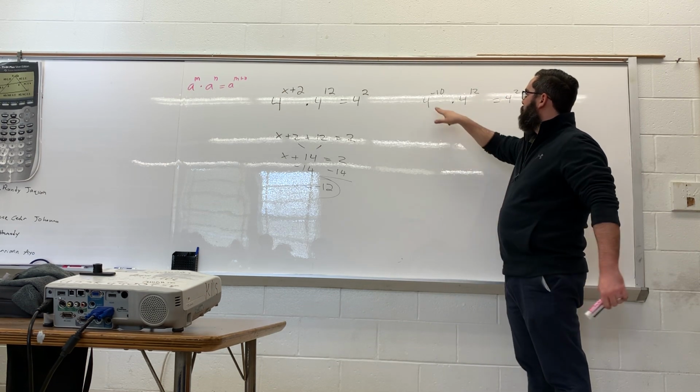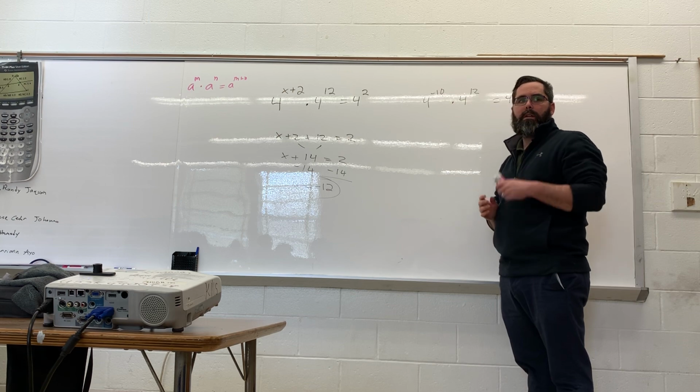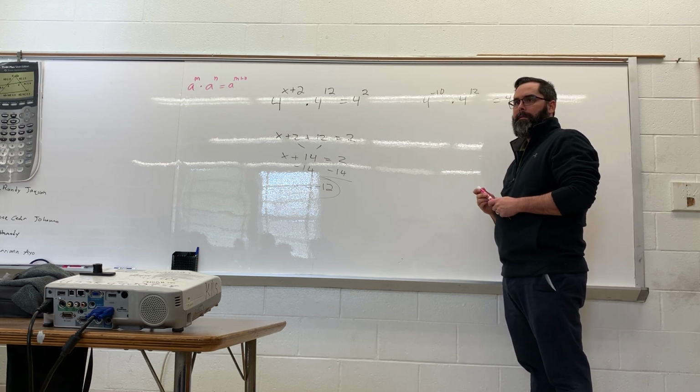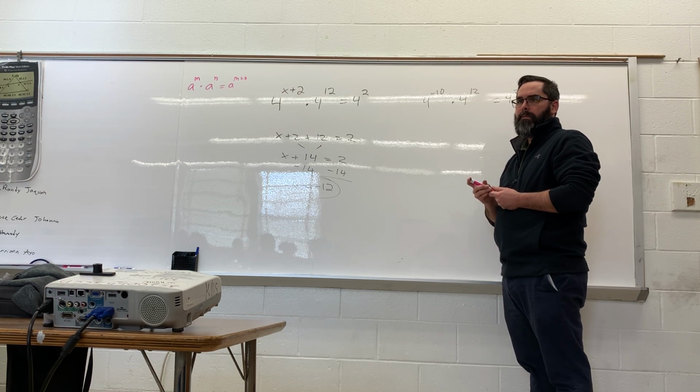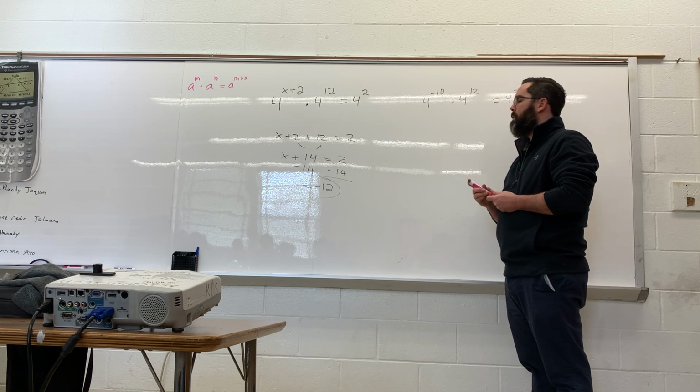Well, what is 4 to the negative 10th? Plug it in your calculator. What do you get? 9.536. Okay, so long decimal.